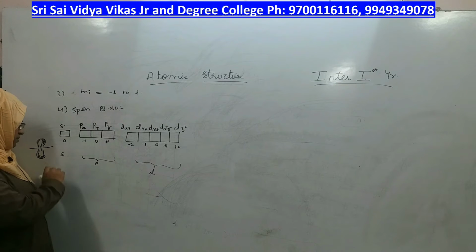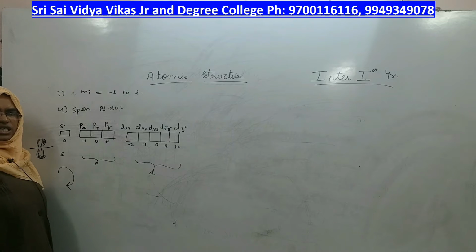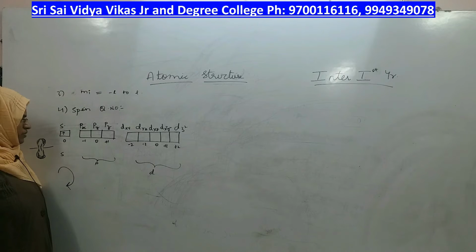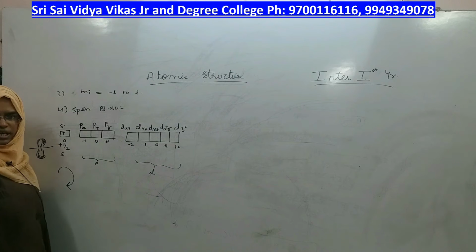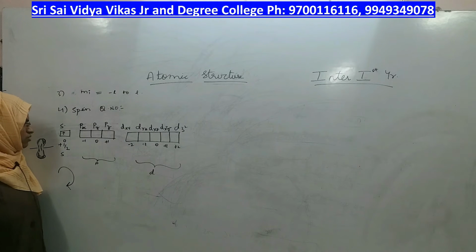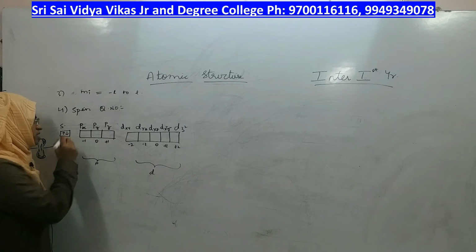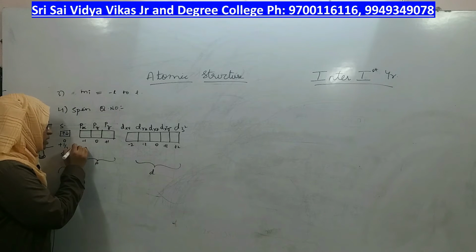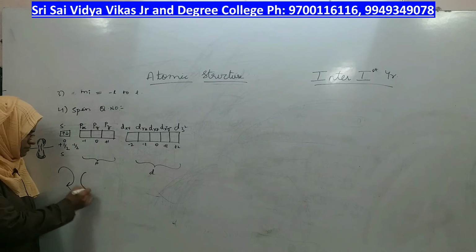If the electrons are spinning in clockwise direction, you should indicate that electron by writing an upward arrow and by assigning plus half value. If the electron is spinning in anti-clockwise direction, you should indicate by writing downward arrow and by giving the value minus half. Upward arrow indicates clockwise spinning, downward arrow indicates anti-clockwise spinning.